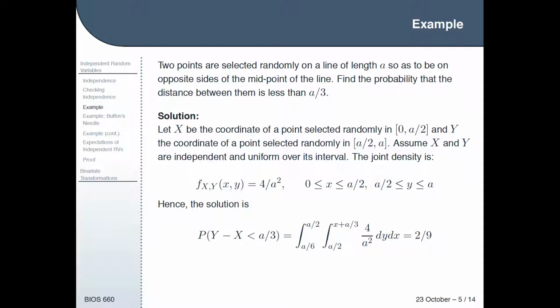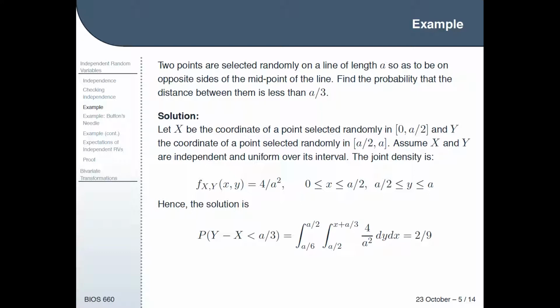However, if we want the region where x and y are within A over 3 of one another, and if x is less than A over 6, the lower limit, that A over 6 is the lower limit of that first integral, because if x is less than A over 6, there's no possible value of y such that y minus x is less than A over 3. So the lower limit is A over 6.